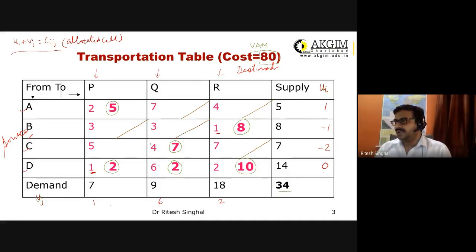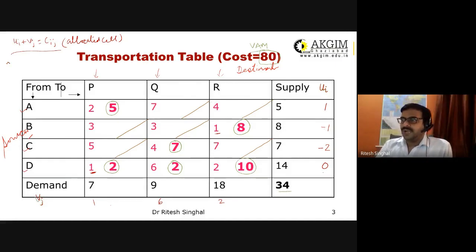So these unallocated cells are to be marked. Yes, 1, 2, 3, 4, 5, 6 unallocated cells are there. Now the logic is, we have to find the opportunity cost in these unallocated cells. So how do we do this?